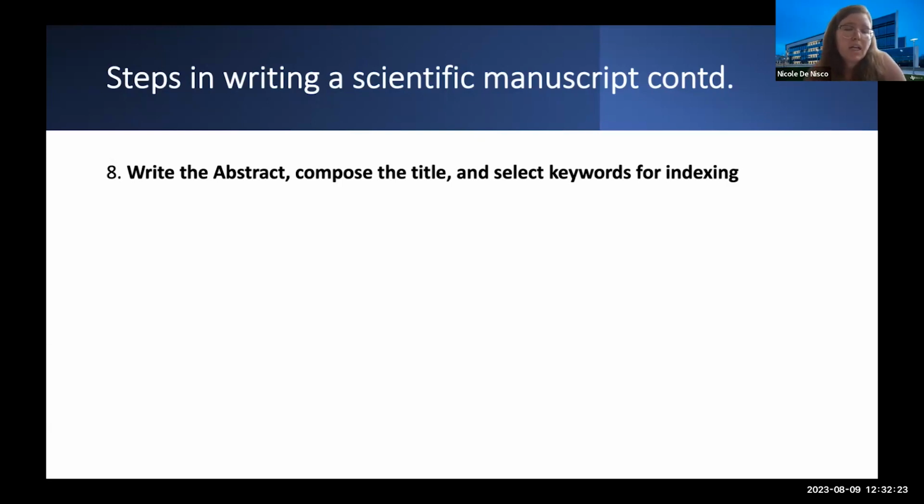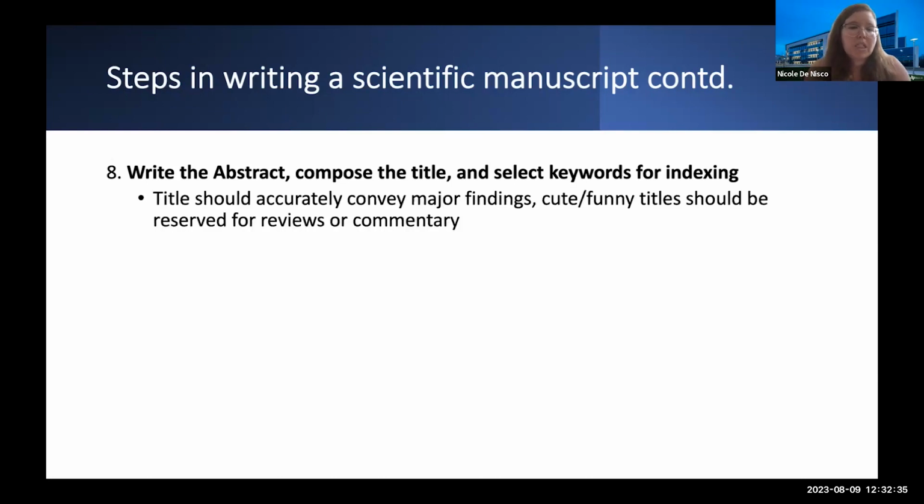And then you can compose the title, because by the end of this writing exercise, when everything is more complete, you know what the major finding of your manuscript actually is, right? And then selecting keywords and stuff is pretty easy. So the title, again, should accurately convey major findings. I personally believe that cute and funny titles should be reserved for reviews or commentary, but your advisor might have a different opinion, and so that's completely fine.